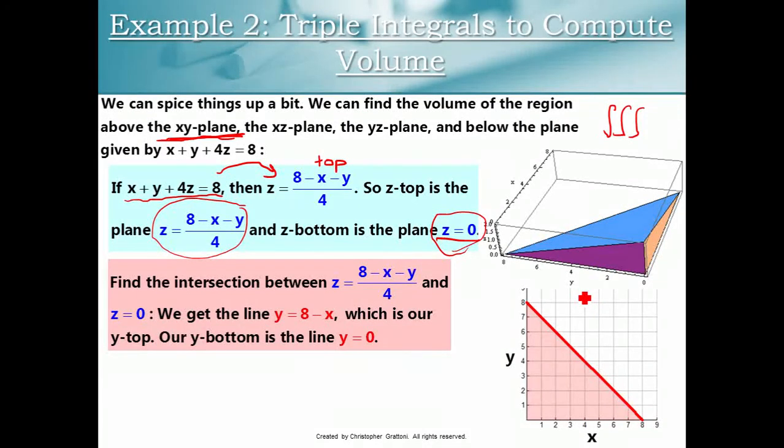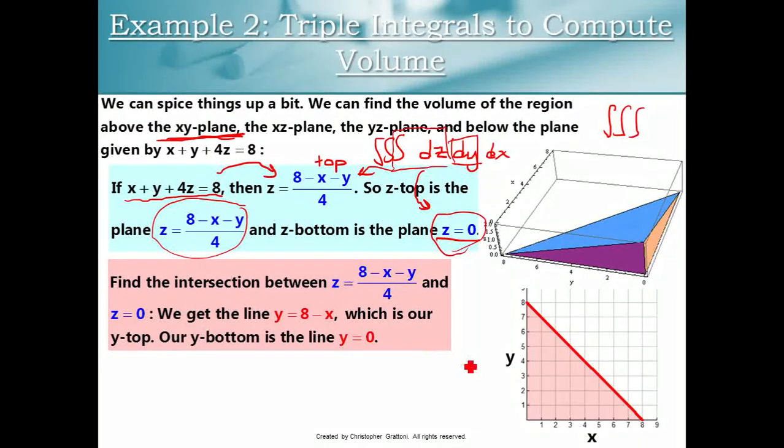Now you need to figure out your second innermost integral. By the way, this is going to be a dz, dy, dx triple integral. So I figured out my integral with respect to z. I've got my z top and my z bottom here. Next I need to do my dy integral.